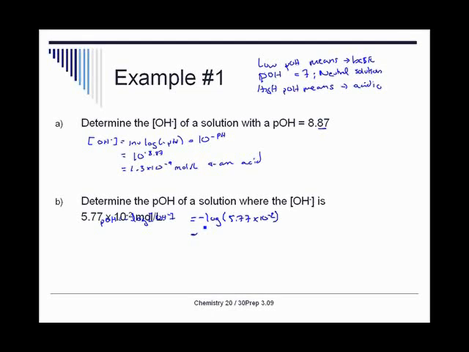Punch it in and we get 10 to the power of negative 2. And so our pOH is 1. Same idea, this number has 3 significant digits, so we need 3 digits after the decimal for pOH, so 1.239. And because the pOH is low, this solution would be basic, and it would be very basic.